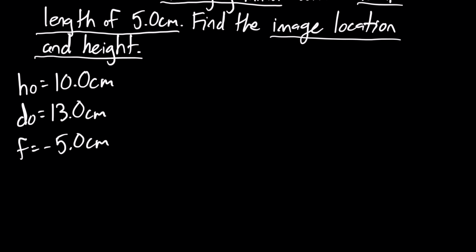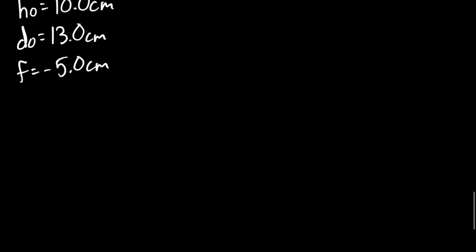So we'll use a similar strategy to our first example here. So we'll start off with the mirror equation. So we just have 1 over f, and that is equal to 1 over dO plus 1 over di. So let's manipulate so we can eventually solve for di.